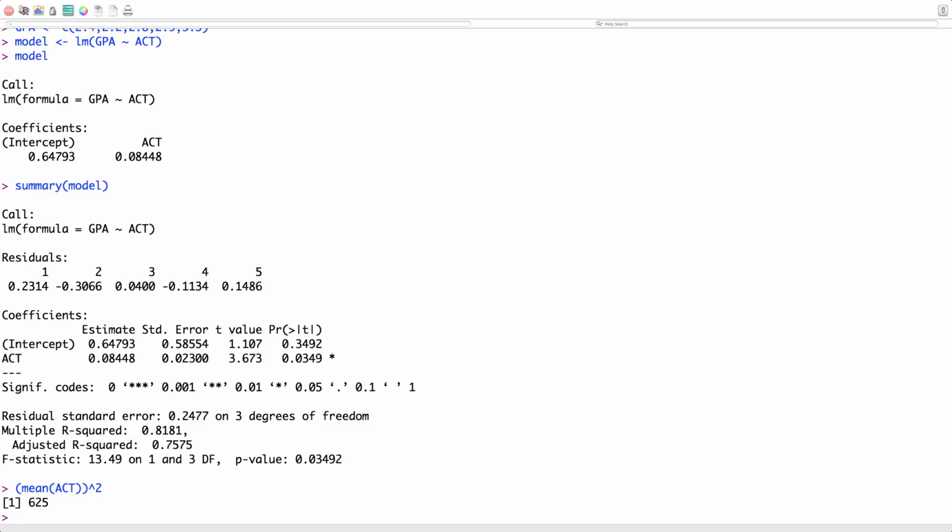So we take our ACT minus the mean of the ACT, square that up, and then take the sum of that.